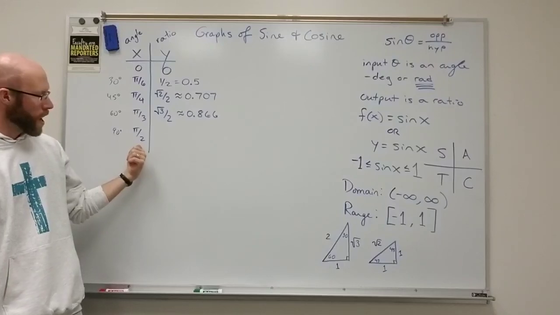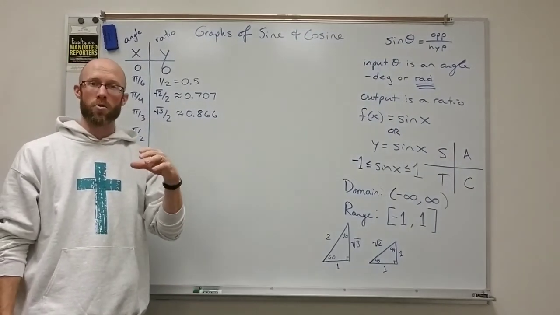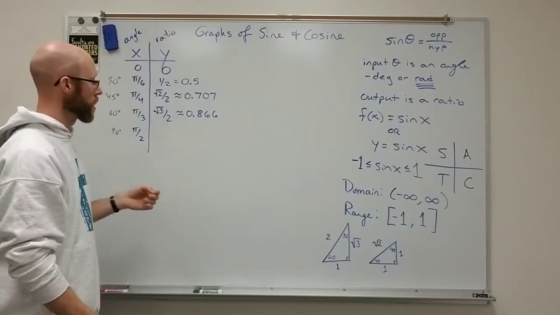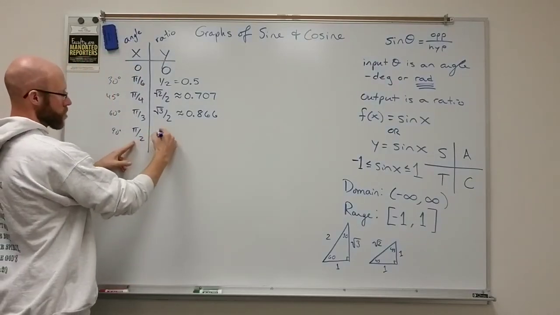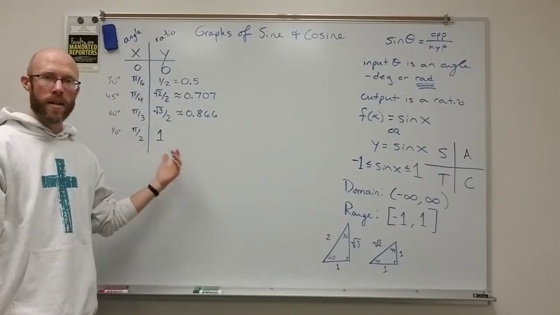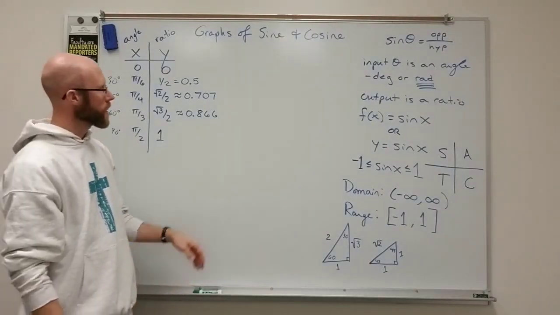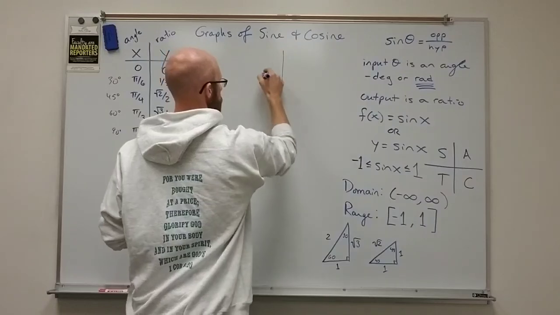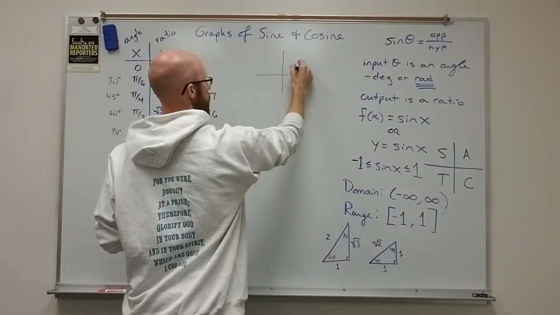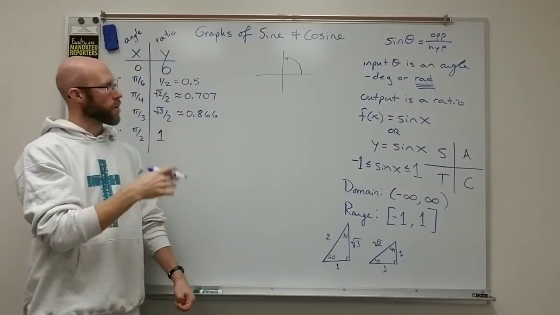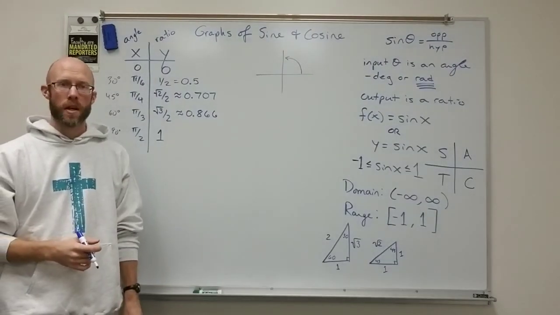And then the sine of pi/2 we found when we did the unit circle discussion previously. The sine of pi/2 ends up being 1. That ends up maxing out the value of the sine. So that gives us our sine values going counterclockwise through the first quadrant.